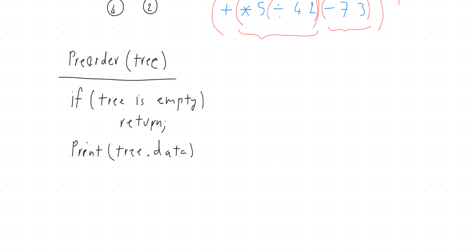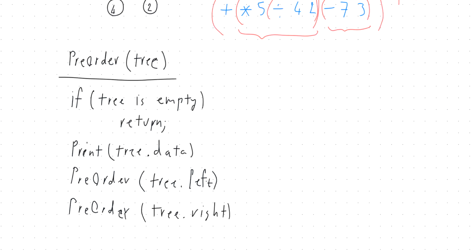So I call pre-order on the left, tree.left. And then make another recursive call on the right subtree, tree.right. And that's it.